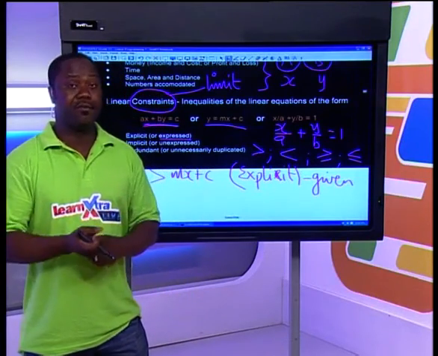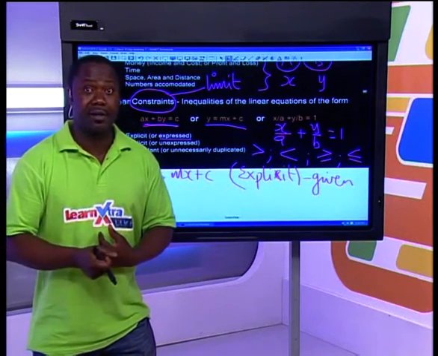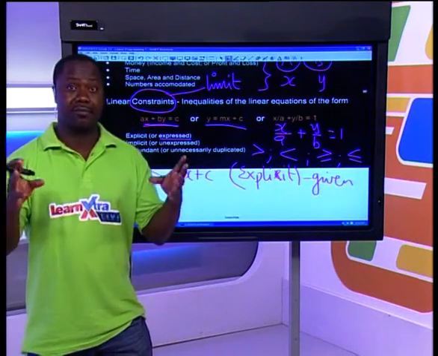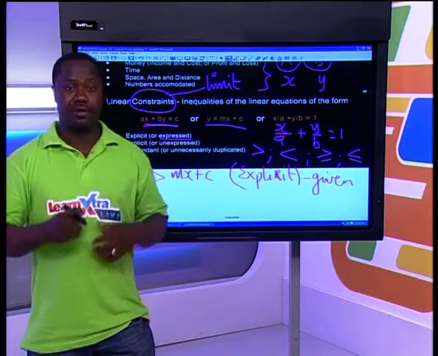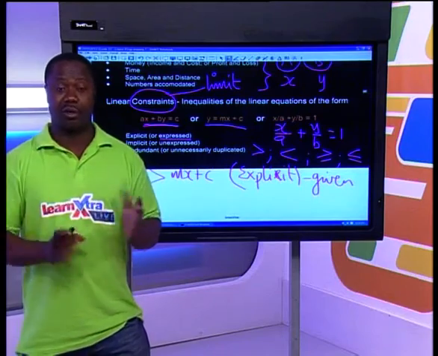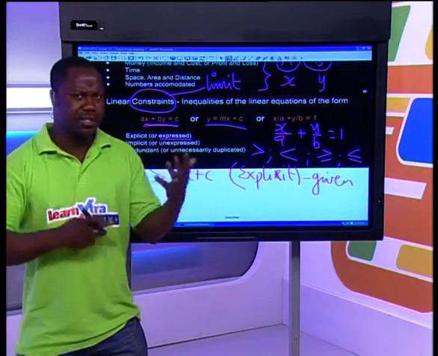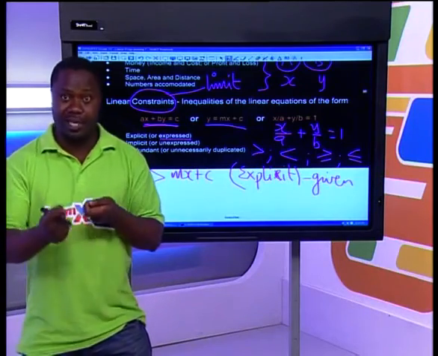And you can be given information as a table of values. And you can also be given a graph, graphical information. That's pictorial information now. And you can also be given a set of points that you can plot. And each of these things can be converted from one form to the other. And that's really where you will be tested.